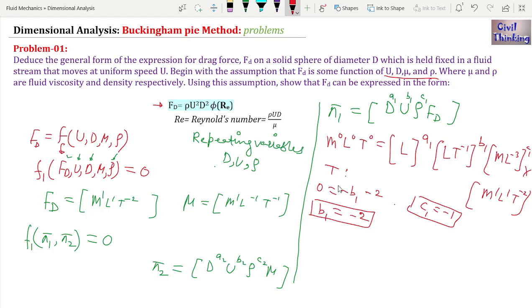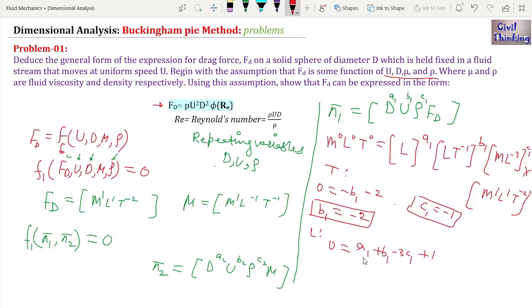Now let me compare the power of L. Here the power is 0, equal to a1, plus b1 into the power of L, so it is plus b1. Now the power of L in density is minus 3, multiplied with c1, so it is minus 3 c1, and here the power of L in force is plus 1.